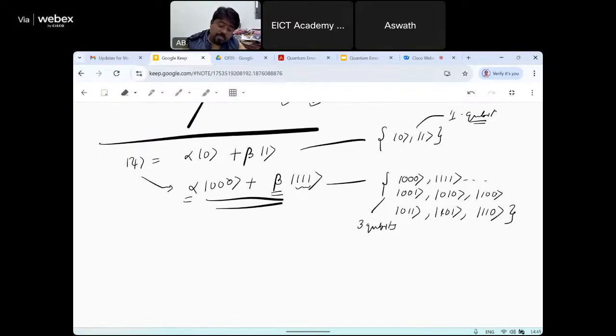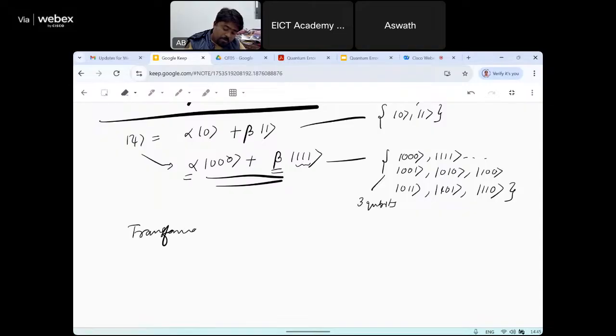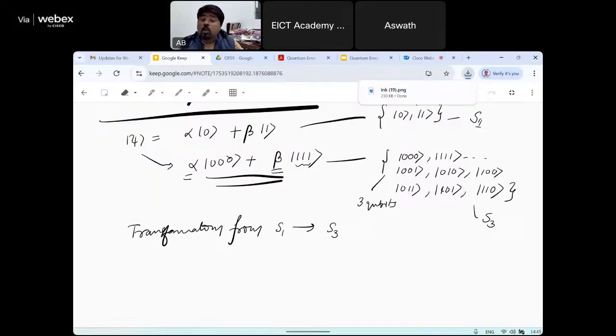So on paper, what I'm doing is a transformation from, let me call it, a single qubit basis S1 to the S3 basis. That is a simple thing I'm doing, and it is allowed in quantum computing.